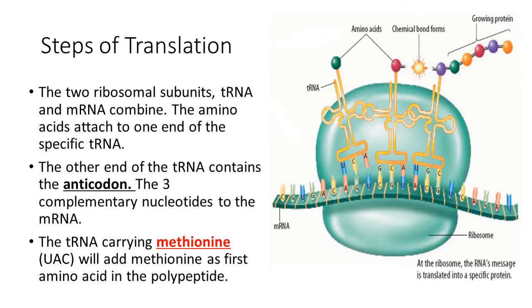The large subunit has around 3 stations, and the small subunit and large subunit bind to mRNA and move through mRNA. While it is moving, tRNA comes and lands at a station of the ribosome. The largest subunit of the ribosome has 3 stations where tRNAs land.